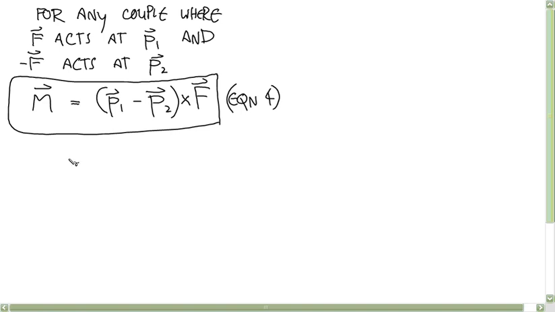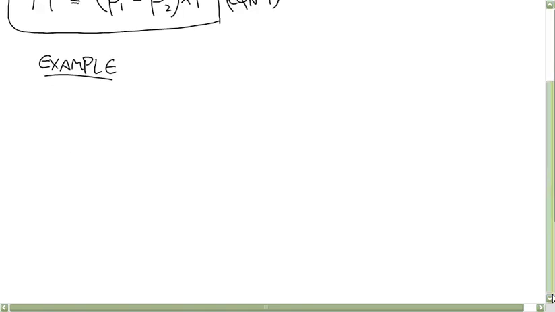So now I'm going to do an example with real numbers. I mean, not as opposed to complex numbers, actual numbers. So say that you have this object, and here you have a force of 50, negative 10.